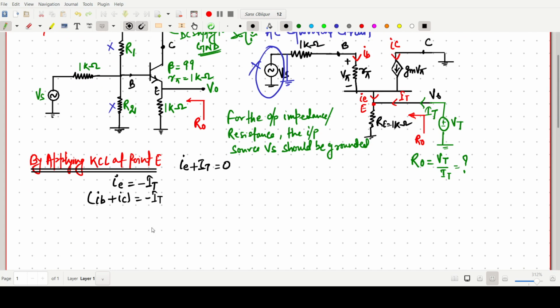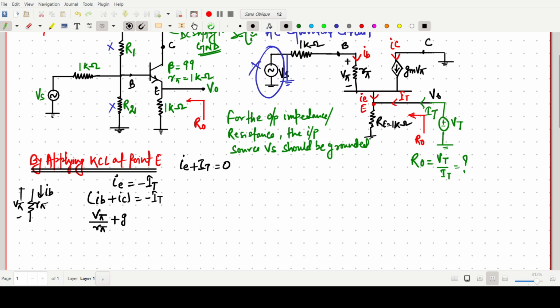Now this IB current we can write as V pi by R pi, where this resistance value is R pi and this voltage is V pi. The IC current is nothing but simply Gm V pi, our collector current.